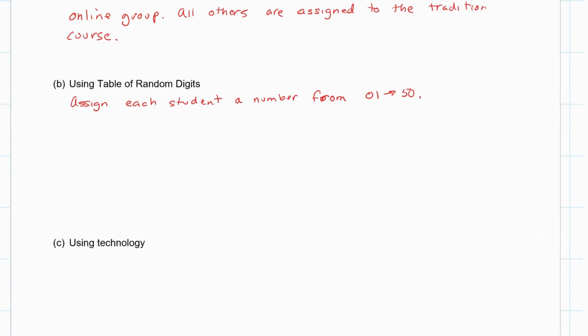And then from the random number table, get two digits at a time.